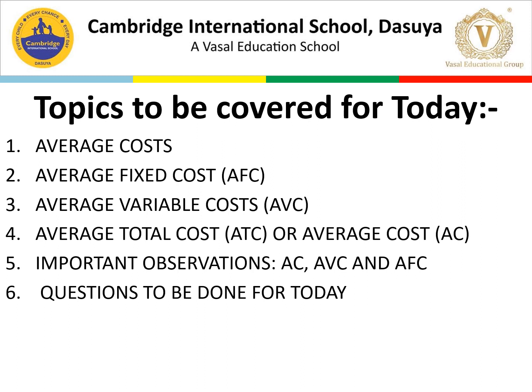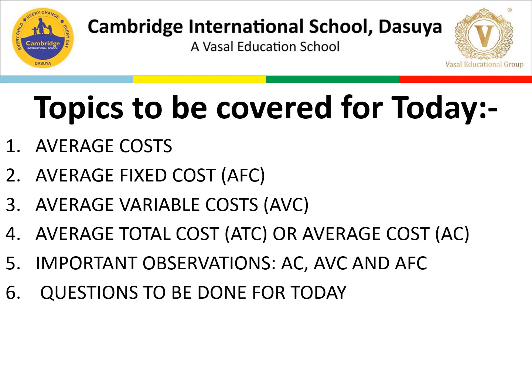The topics we are going to cover today: number one is average cost, then average fixed cost, which in short form we call AFC, then average variable cost, AVC, then average total cost, ATC, which we also call average cost, or AC.